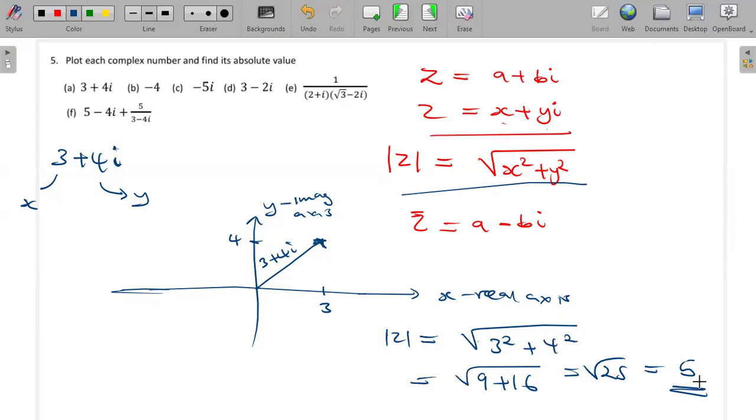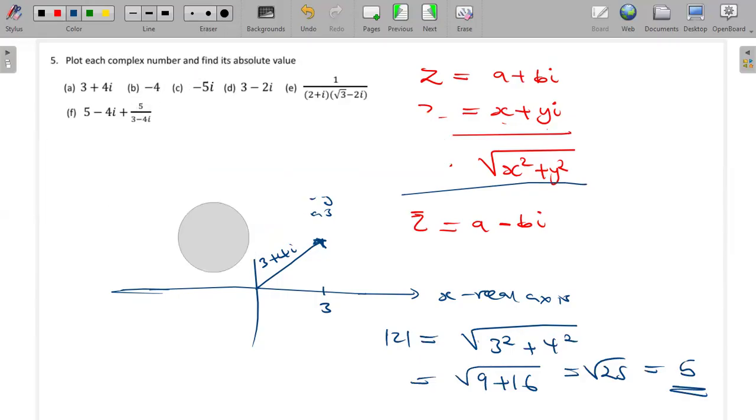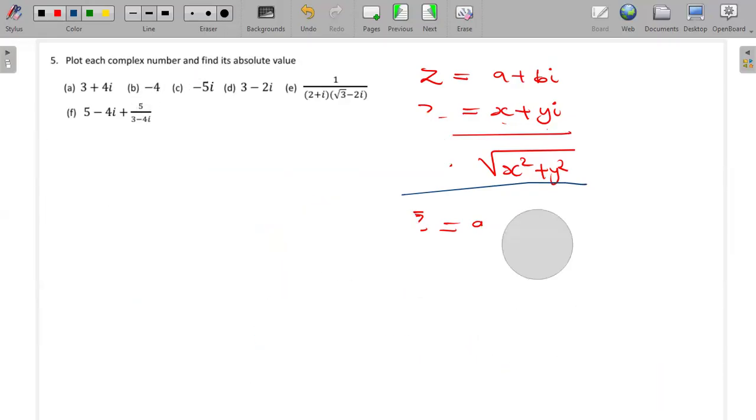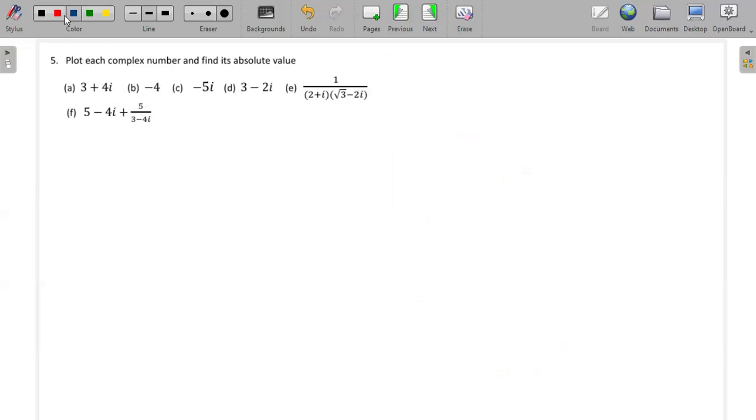Okay, so let's do the next one. The next one, you have b, which is saying -4. So if it's -4, then -4 is the real number. So that's the real part, meaning the imaginary part is 0. So you have 0i. Meaning you're plotting the point -4, comma 0.